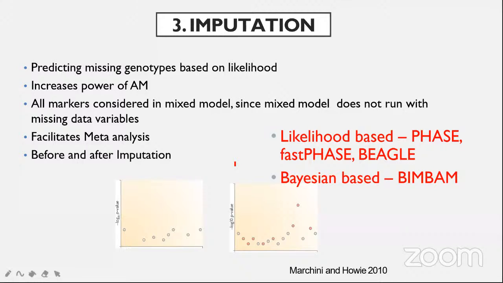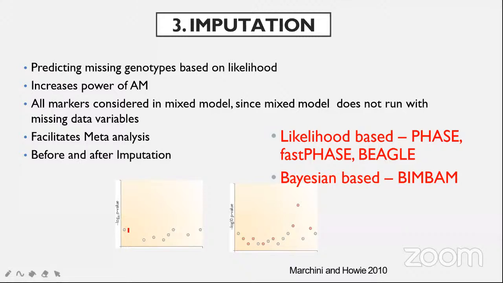In the earlier software, and even today in most software, if you have missing marker data, that marker is excluded from the analysis. For example, I start with 10,000 markers and 5,000 markers have 1 or 2 individuals missing data. Then at the end, we are only working with 5,000 markers. But if I could impute those missing values, I could work with 10,000 markers, leading to increased power.